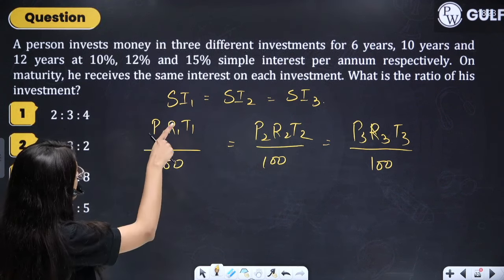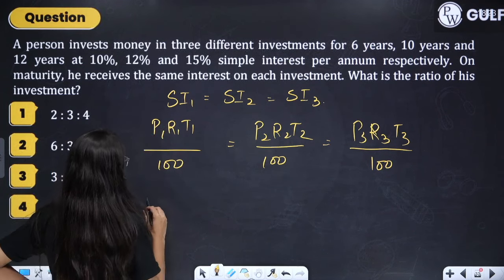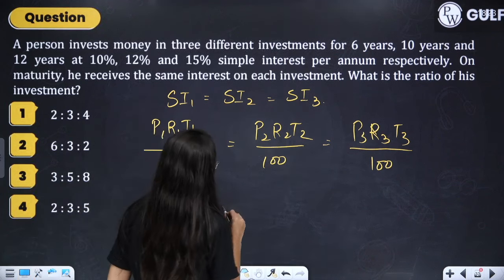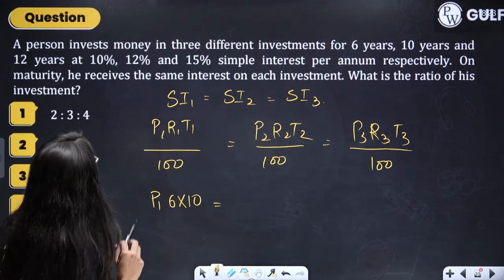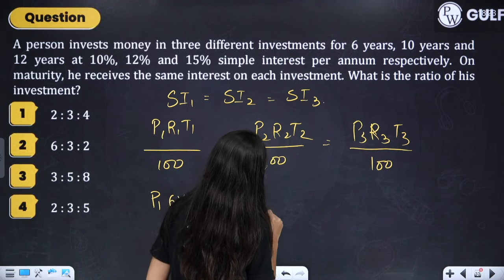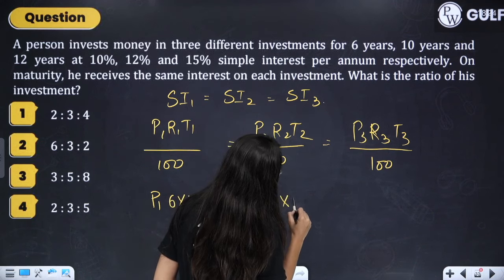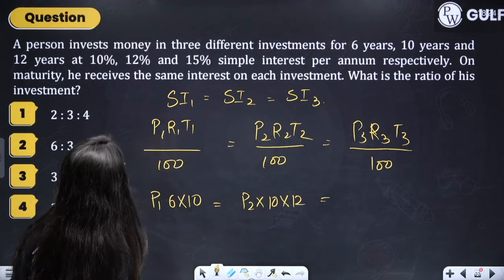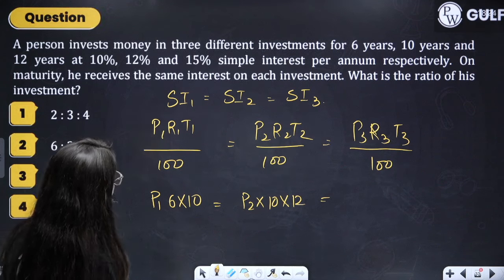So first of all, 6 years at 10%: P1 into 6 into 10 equals 10 years at 12%: P2 into 10 into 12, then 12 years at 15%.